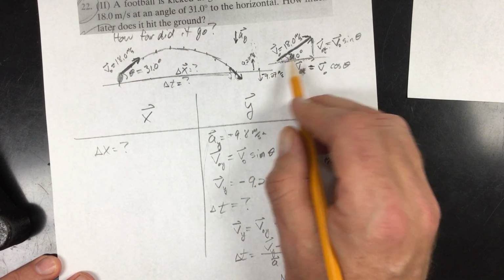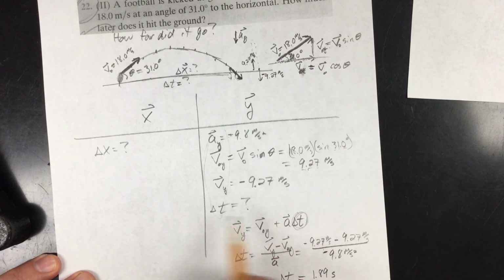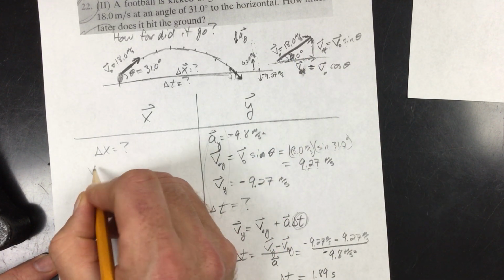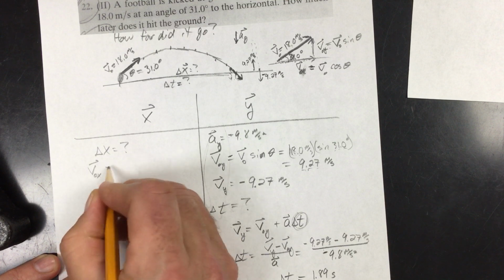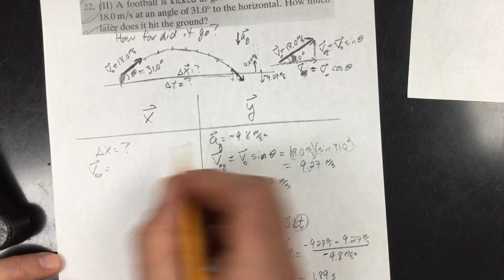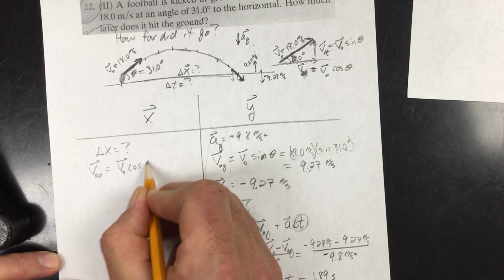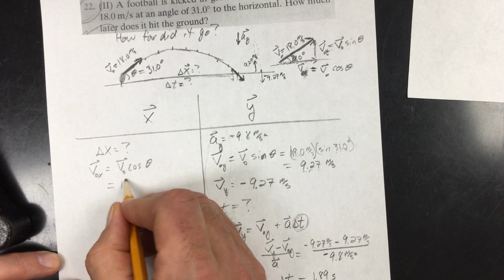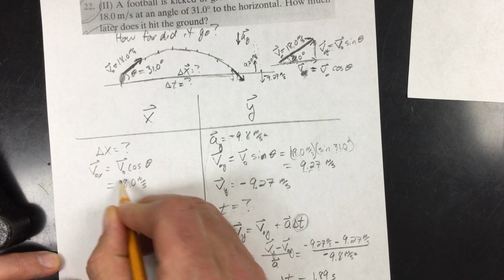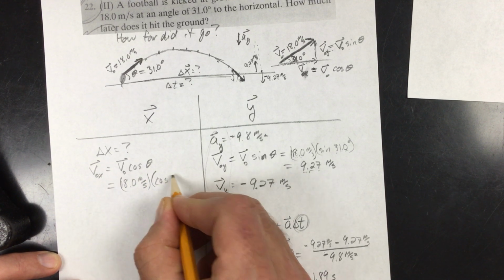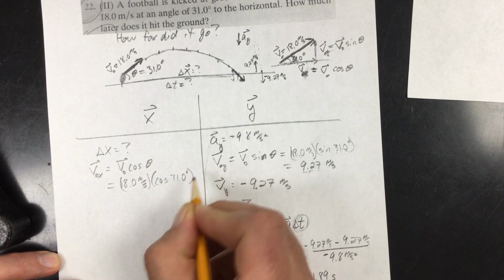I can find just the horizontal component of that initial velocity. So let's do that. The horizontal component is going to be, as I wrote up here, the initial velocity times the cosine of the angle, which in this case would be that 18 meters per second times the cosine of 31 degrees.